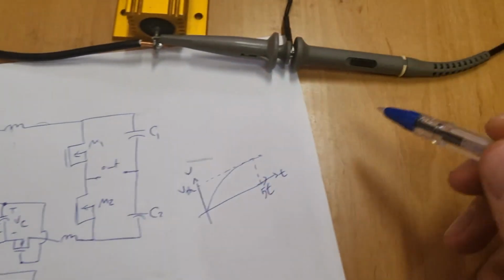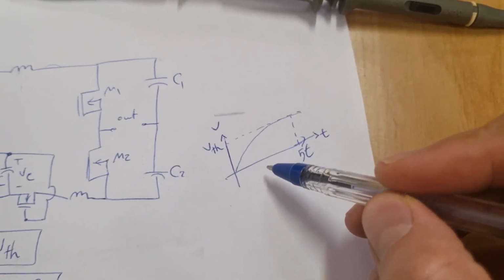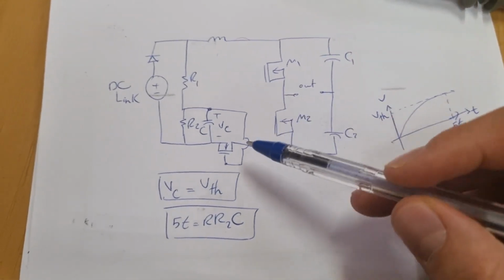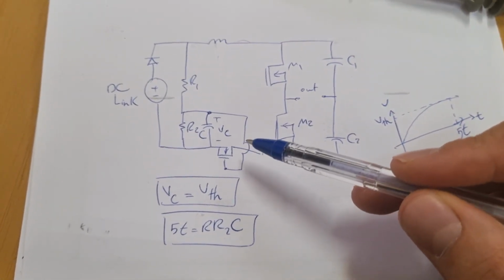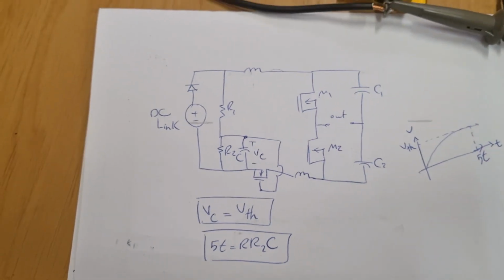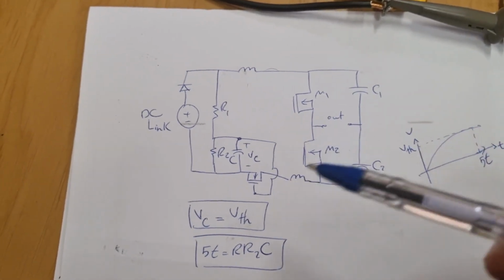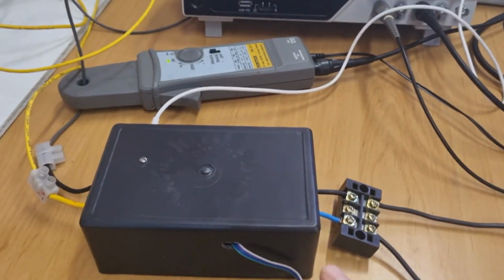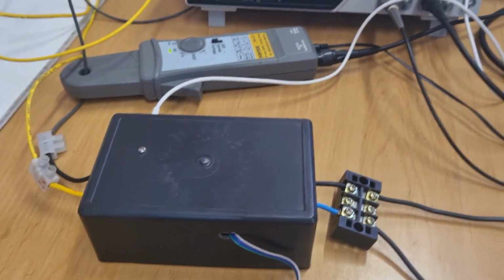The voltage of this capacitor increases like this. After a while, it reaches the threshold voltage of this MOSFET, so this MOSFET is going to be turned on, and now we have this inrush current limiter which is integrated into this converter. After showing the result of this converter, I'm going to open this box and speak about it.